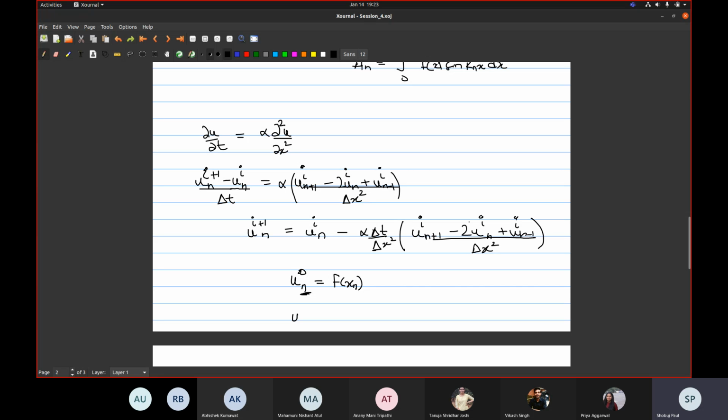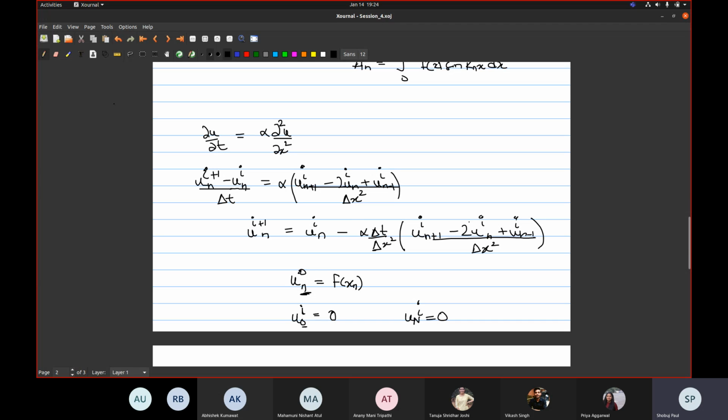Now looking at the boundary condition, u of 0 i will be 0. At any time t, the first index would be 0 and u of ni is also 0. What is n? N here is the number of intervals we divide our length in.